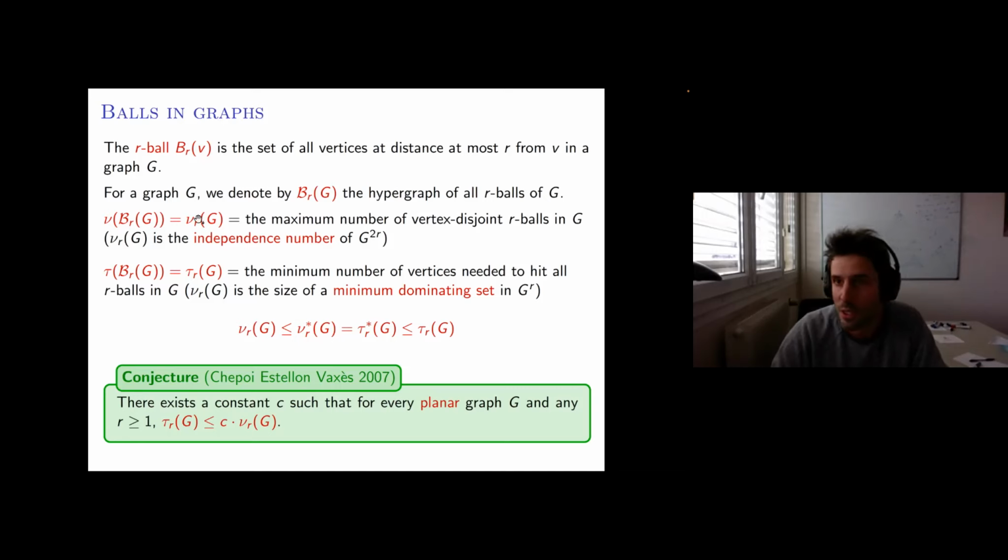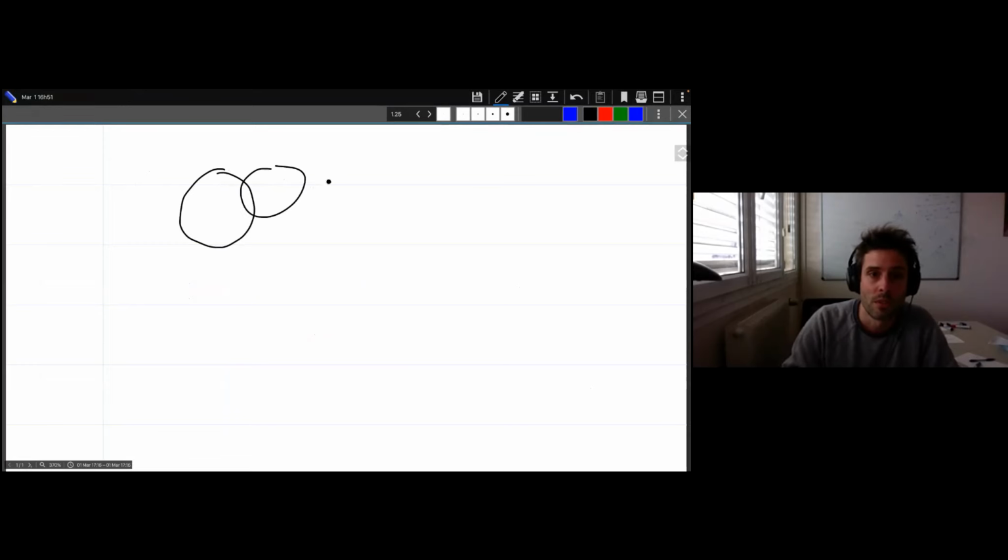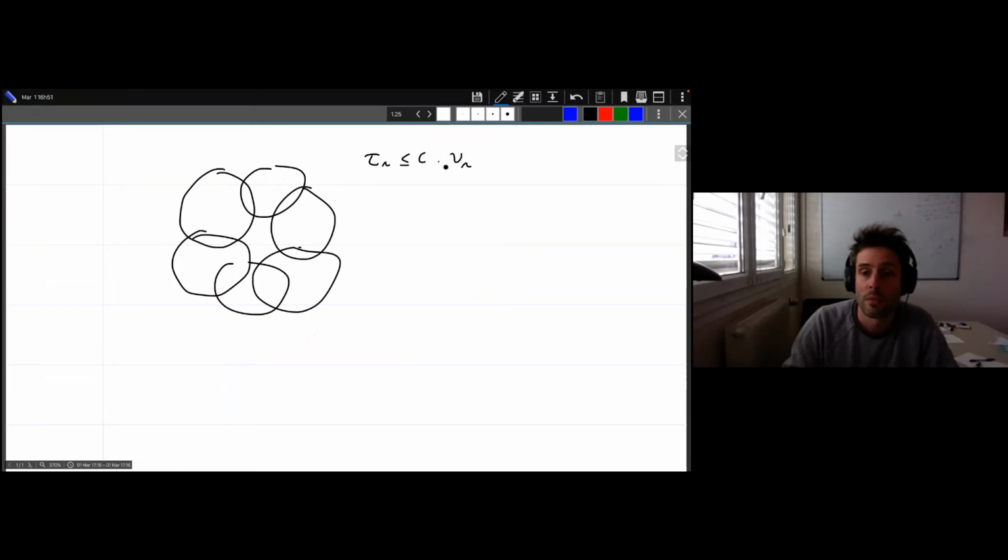So let me make some picture. Is it true that in the plane, tau is bounded by a constant times nu that doesn't depend on R? So you have R balls, and these should be all of the same radius. And is it true that tau_R is at most a constant times nu_R?